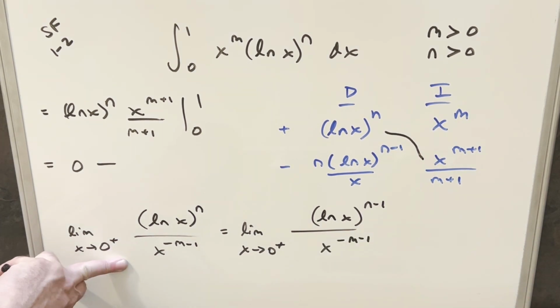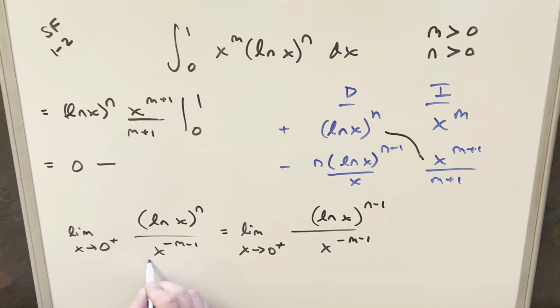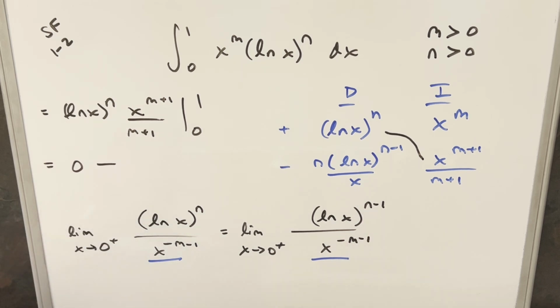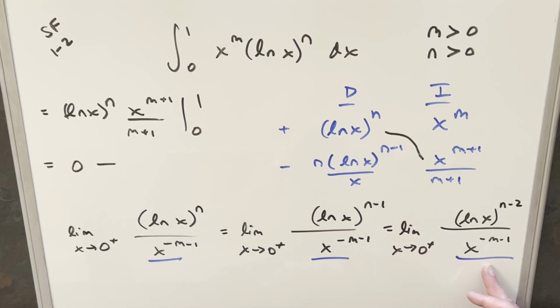What I'm trying to show here is when we did L'Hopital's rule, you'll notice we still have the same denominator. The numerator has changed because we changed the power on the exponent. If we did this again, basically the same thing would happen again. We still have the same denominator, and we'd have constants that I just erased because they're not going to change anything. But notice this exponent is decreasing.